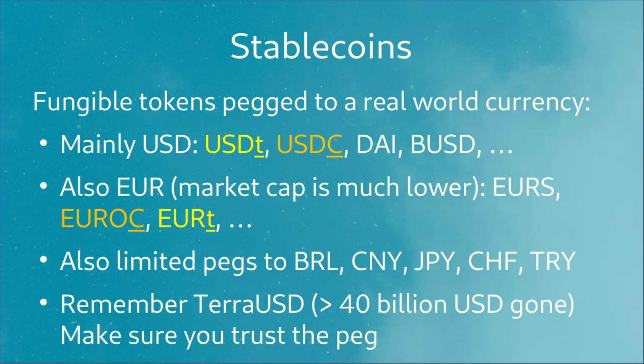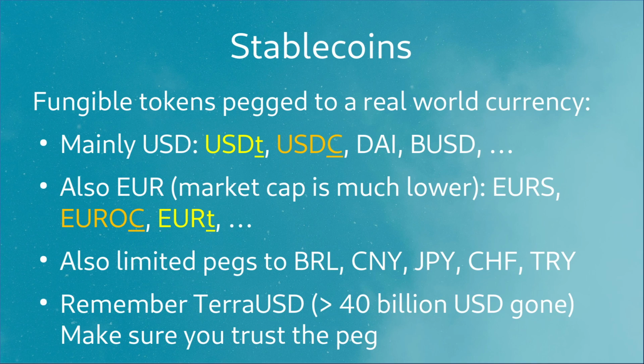Eventually the price of Luna fell so much that there was no value anymore to support the price of Terra, so Luna crashed, and then because the price of Terra could not be supported anymore, Terra also crashed, and eventually the peg was broken and all money was lost. In total, over $40 billion were gone this way.